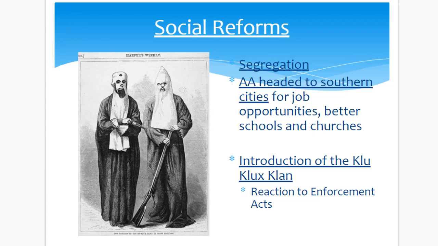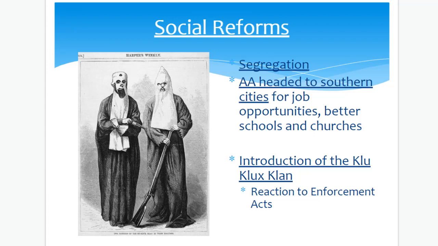Social reforms. Of course, when you have segregation, it's going to see how things are going to change. So the African Americans are going to head to southern cities for better job opportunities, better schools, and better churches. And what you see is a pushback from the people who lived in the areas, those people who were part of the community.